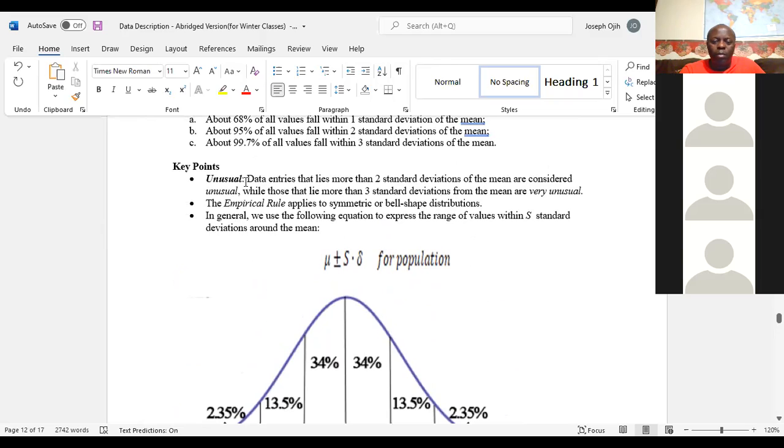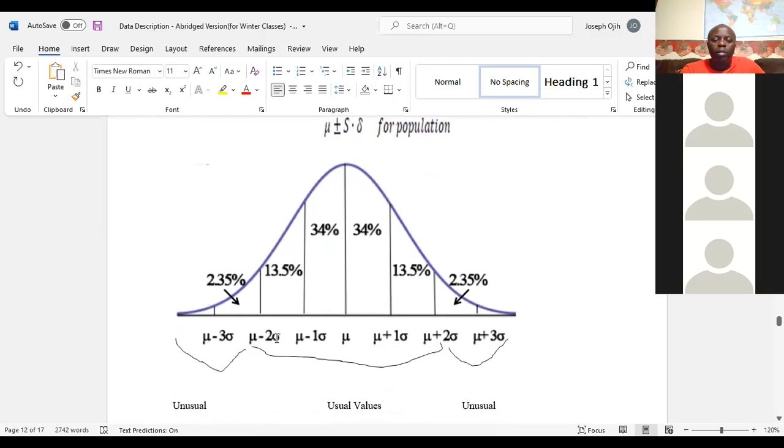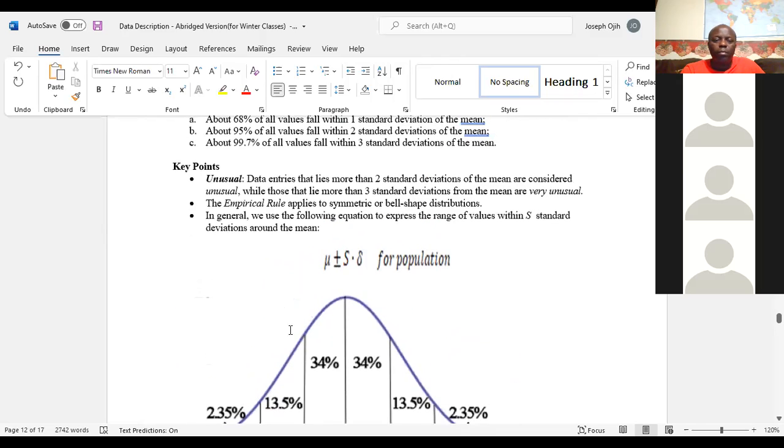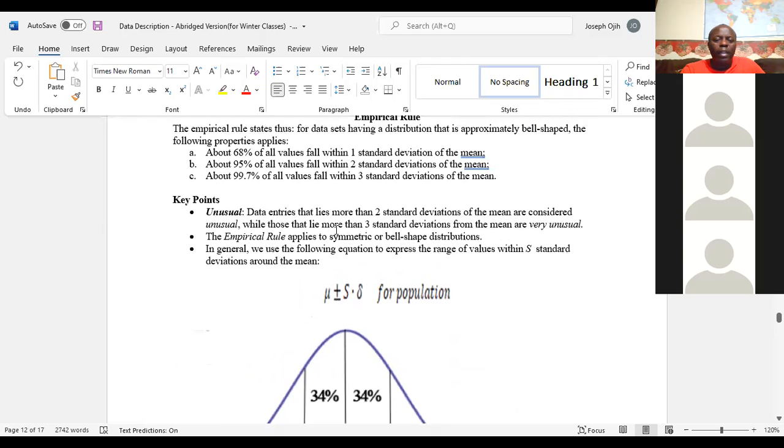In summary, data entries that lie more than 2 standard deviations from the mean are considered unusual. The negative sign just tells you it's on the left side, and the positive is on the right. Anyone that lies beyond 2 standard deviations is unusual, while those that lie more than 3 standard deviations are very unusual. The empirical rule applies to every symmetric distribution.